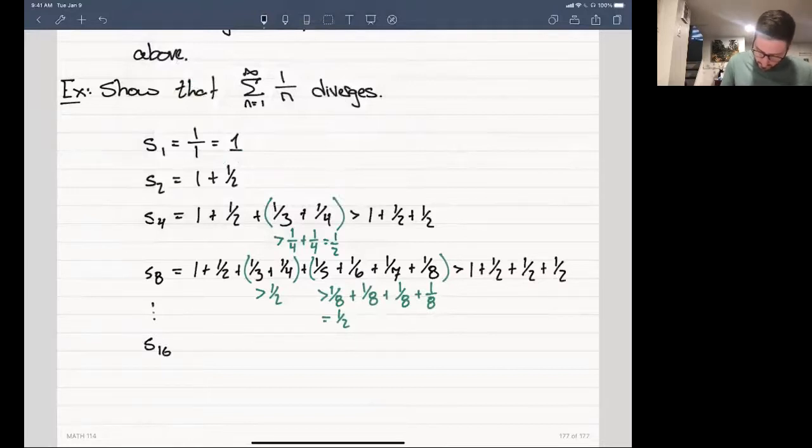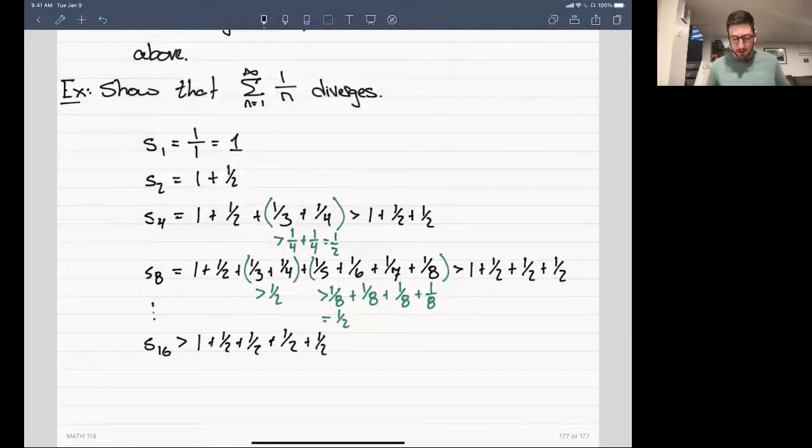I can say S16 is bigger than 1 plus 1/2 plus 1/2 plus 1/2, that's S sub 8, and then I'm going to get 1 more half doing the same trick again. And in general, if I take S to the power of 2k, this is going to be bigger than 1 plus k over 2.